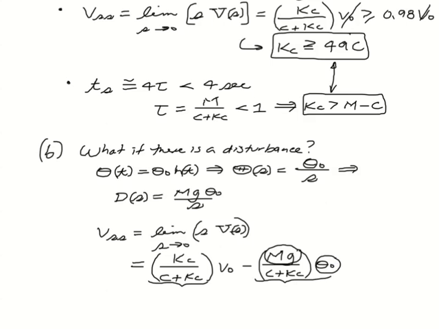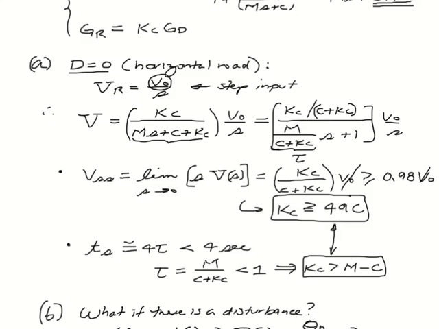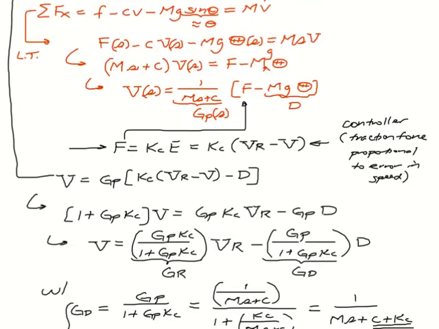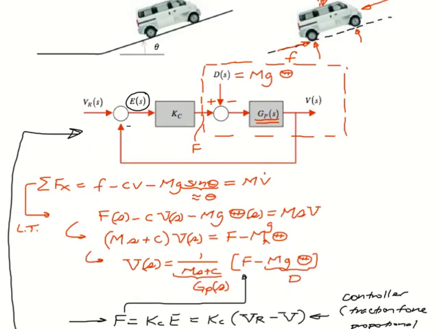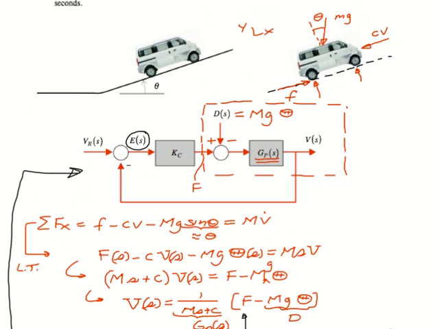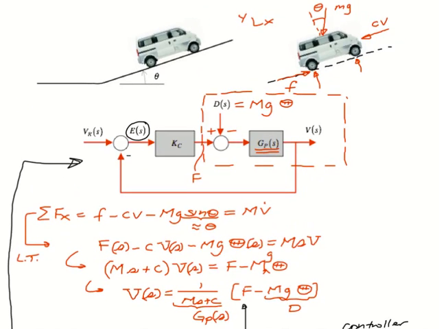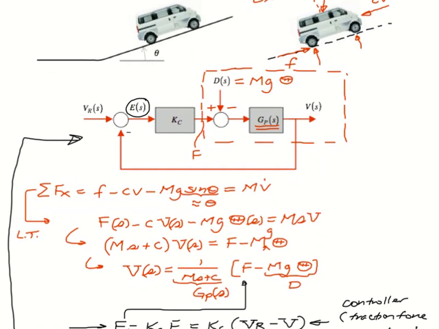So I think the point of this example is really looking at being able to control the speed of the van. How do we get the block diagram? Because everything else that falls after that is very much along the same line of what we've been doing all along with our analysis and design work.